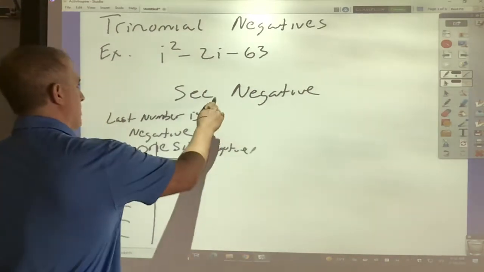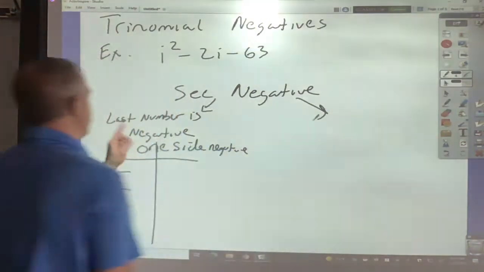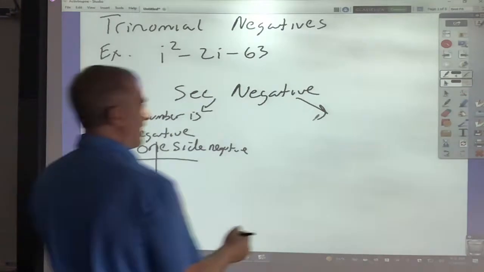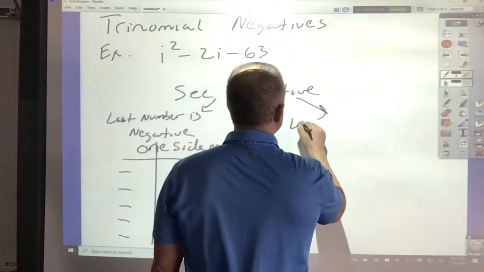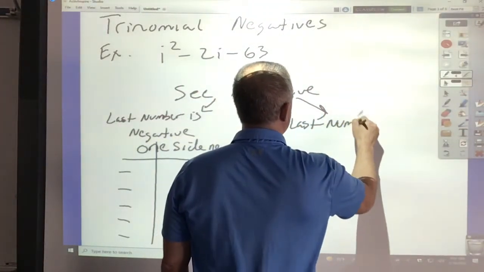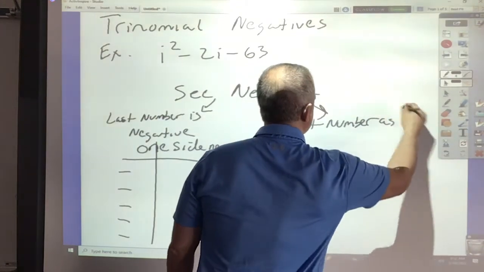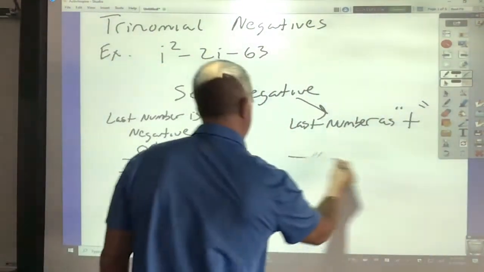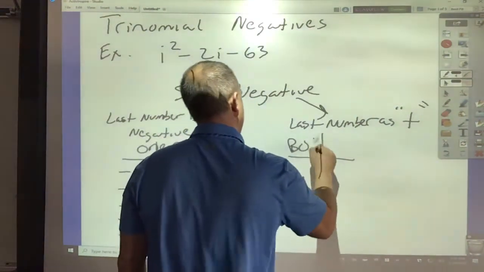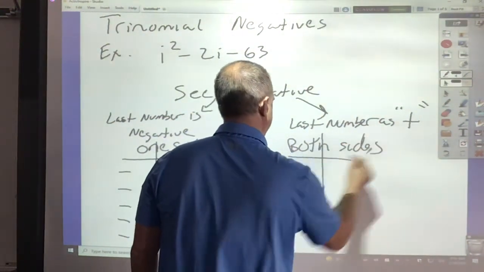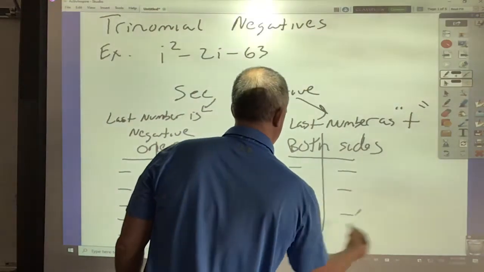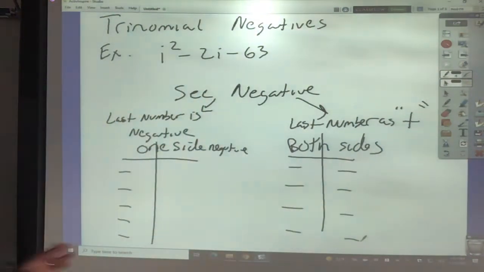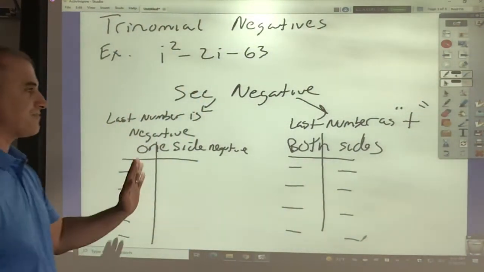If you see a negative, and the last number is negative, it's one side negative. If you have a negative, but you see the last number is positive, when you make your chart, both sides will be negative. Now, here is the reason for that.